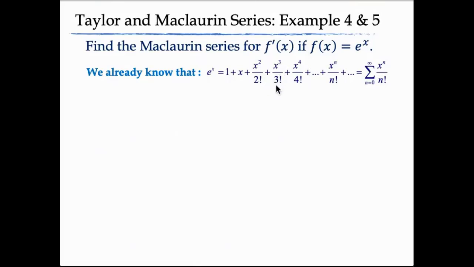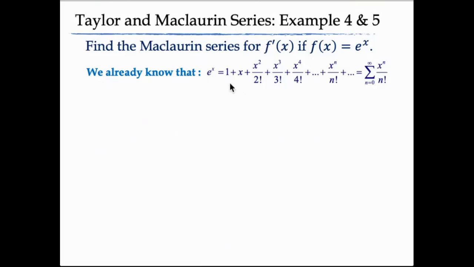So the 3's will cancel. So this just becomes x squared over 2 factorial. The derivative of x to the 4th, well, that's 4x cubed. And then in the denominator, it's 4 times 3 factorial, and the 4's will cancel, leaving us with x cubed over 3 factorial. If you think about it, it gives us the exact same series. It gives us the exact same thing.